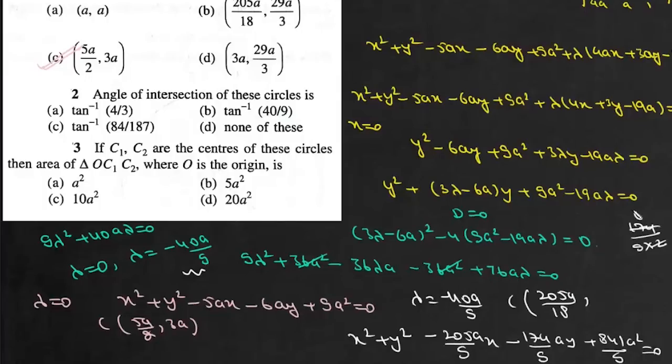Now this is 87 and this is 29 by 3, so it will be 29a by 3. That means the other center is at B. So the correct options are B and C. Now it says, find the angle of intersection of these circles.